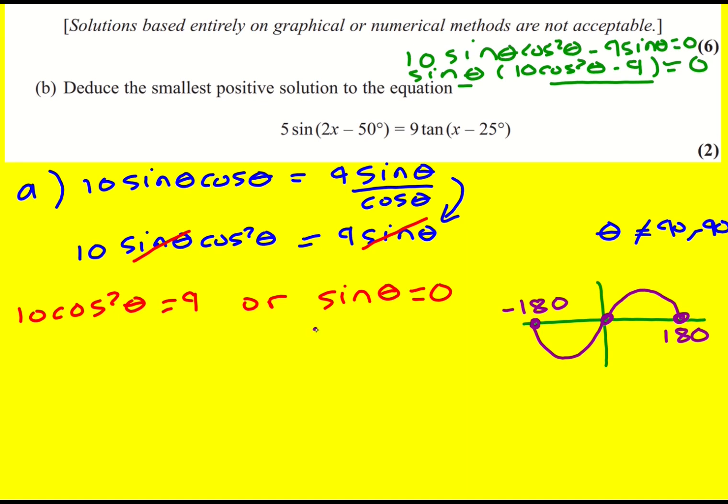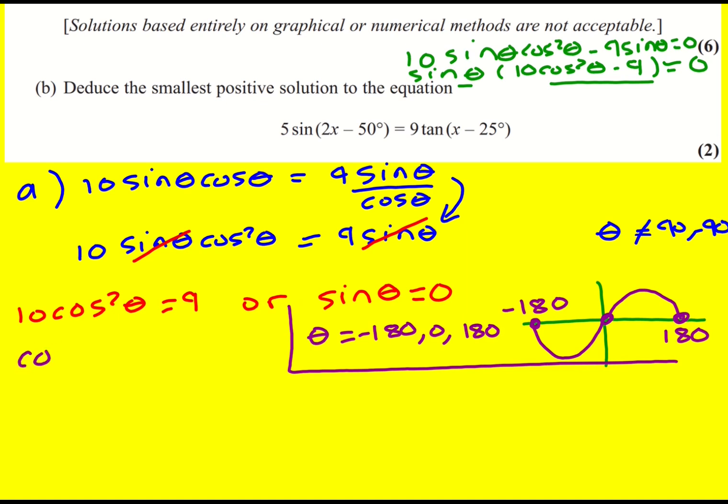But if we draw the graph, we can just see theta is minus 180, 0, or 180. That then leaves us with the cos one. So cos squared theta is 9 over 10, square root, but do not forget plus or minus. Very important because again, if you don't, you've missed some solutions. It's going to be 3 over root 10.